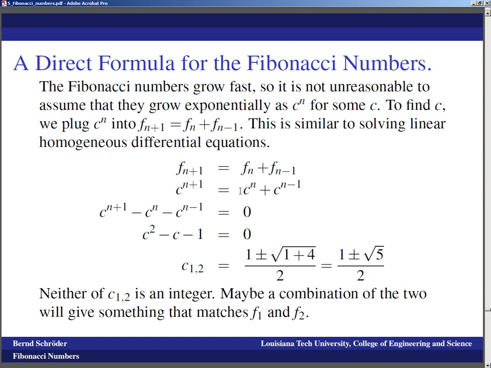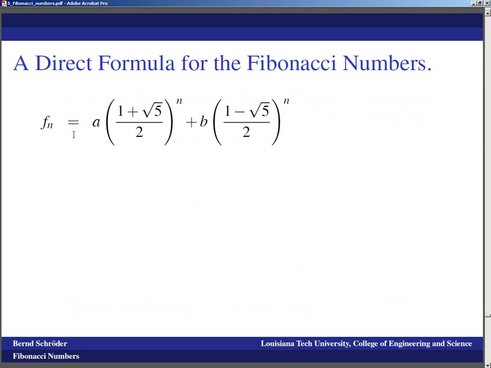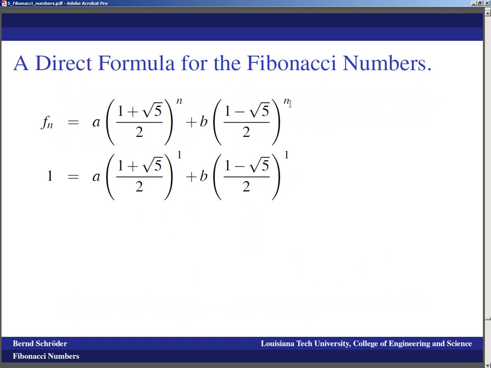And if I have solutions with two different c's, I can also add those things up, and the summations would work out just the same. So, how does that go? Well, I take the conjecture that f sub n is a times c_1, which is (1 plus root 5) over 2 raised to the n, plus b times c_2, which is (1 minus root 5) over 2 to the n.